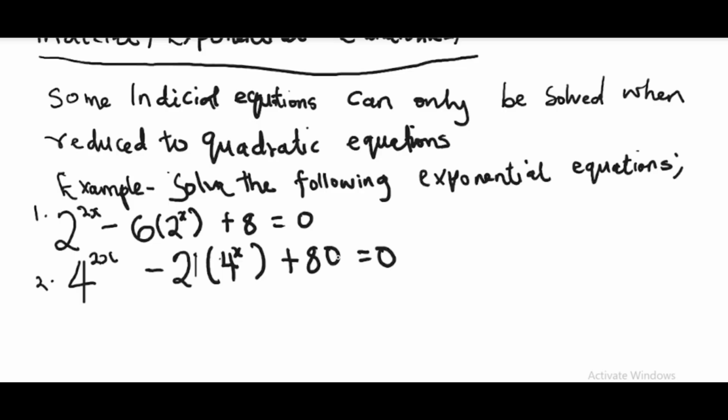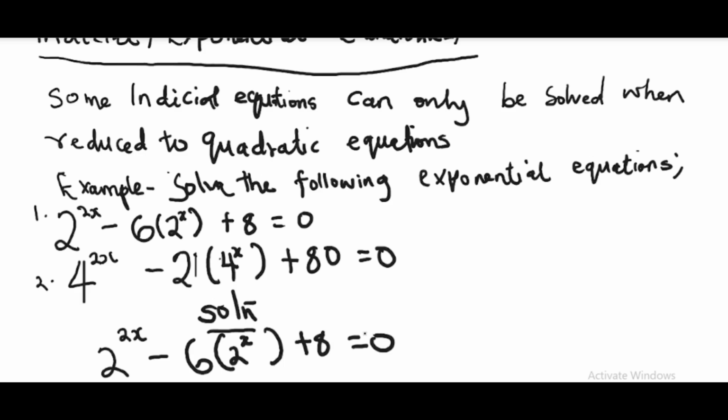So, the first question: we have that 2 raised to the power of 2x minus 6 into 2 raised to the power of x plus 8 is equal to 0.